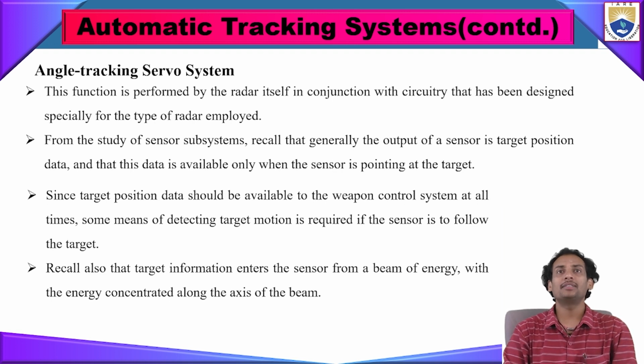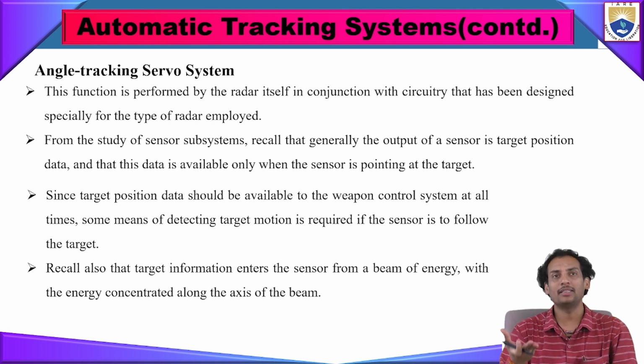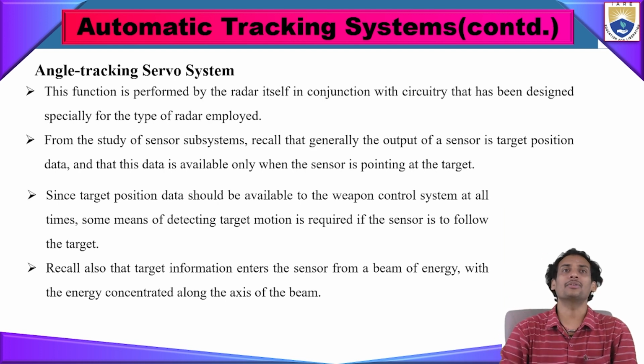This function is performed by the radar itself in conjunction with circuitry that has been designed specially for this type of angle tracking radar. So especially one radar is designed for this angle tracking only.